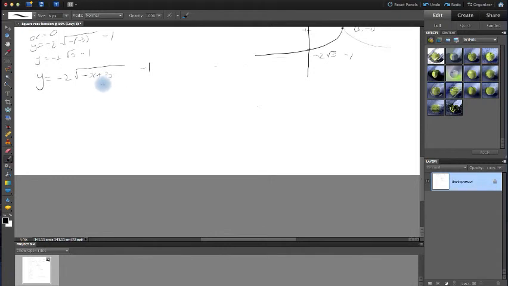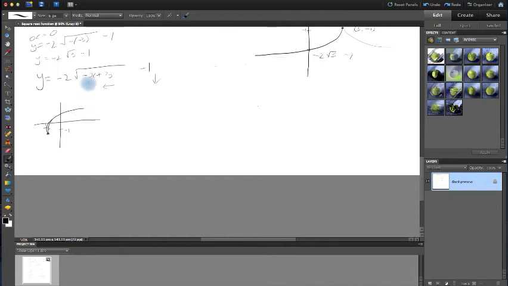Plus 3 does mean going that way, minus 1 down. So our first graph will look like this: 3 to the left, so it's -3, and downwards 1, -1.